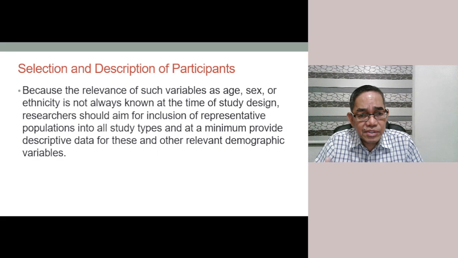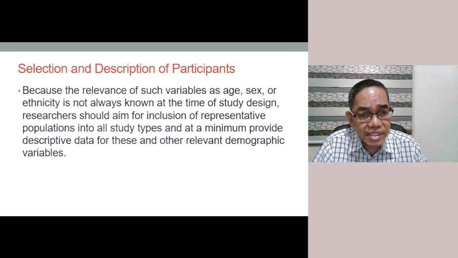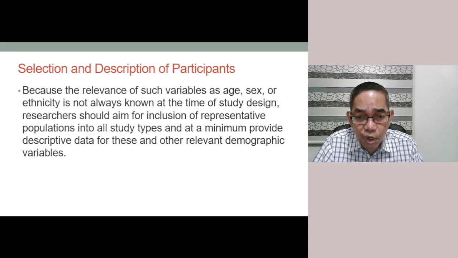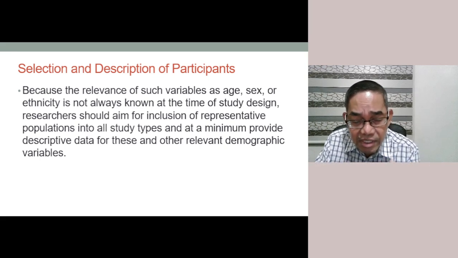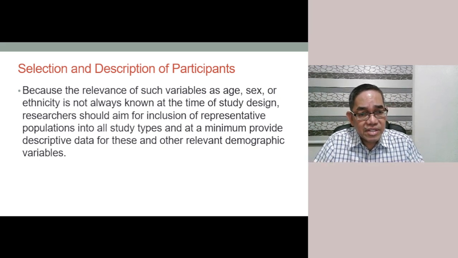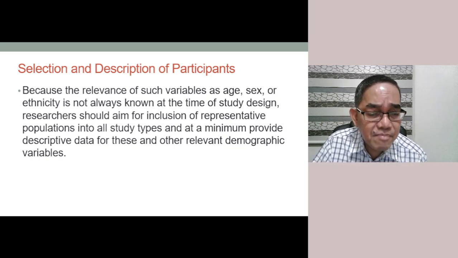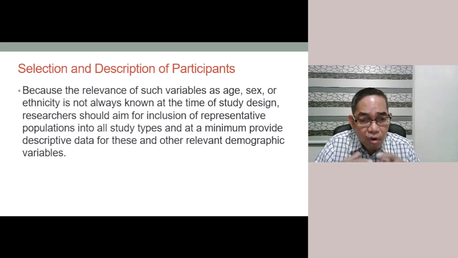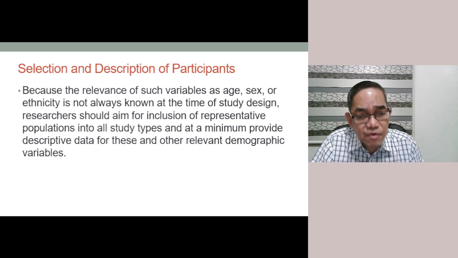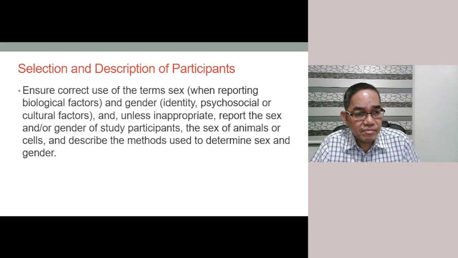Because the relevance of such variables as age, sex, ethnicity is not always known at the time of the study design, because we have not collected data yet, researchers should aim for inclusion of representative population into all study types, and at minimum provide descriptive data for this and other relevant demographic variables.